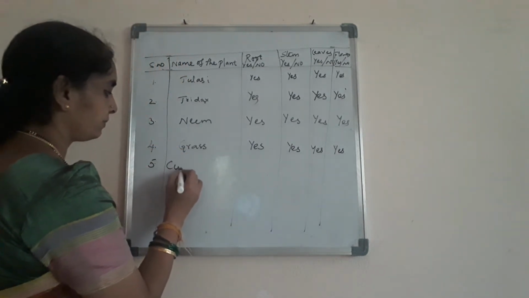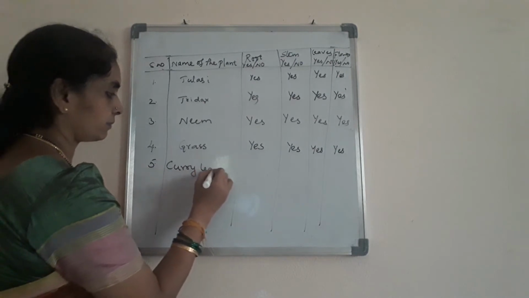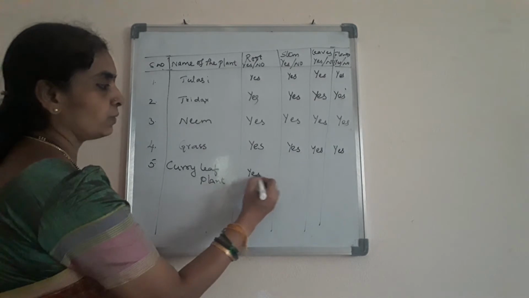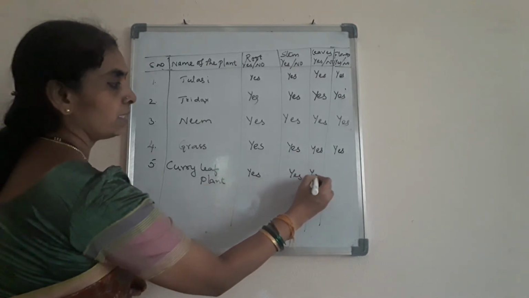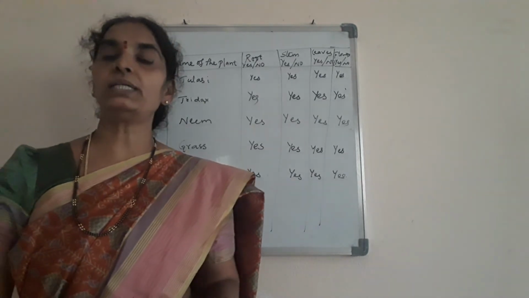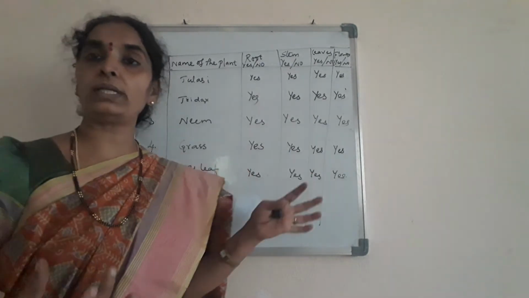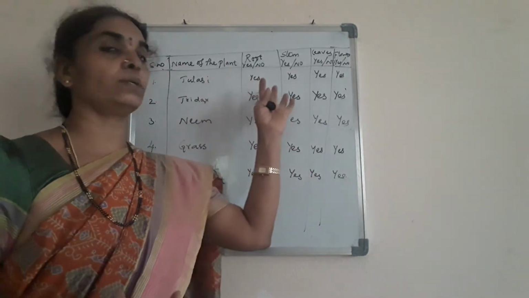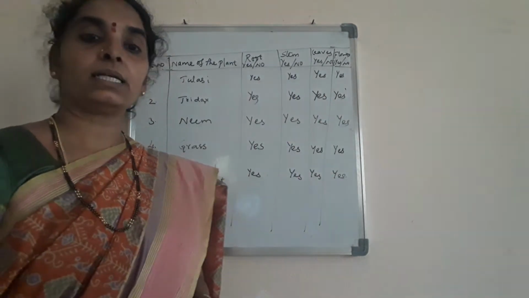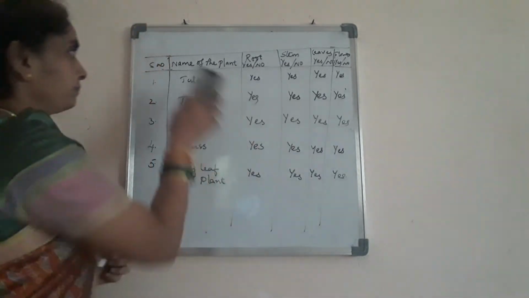So curry leaf contains roots, stem, leaves and flowers. Likewise, you can take different types of plants and note down whether they contain the root, stem, leaves or flowers, etc. Next, we'll see the types of root system.